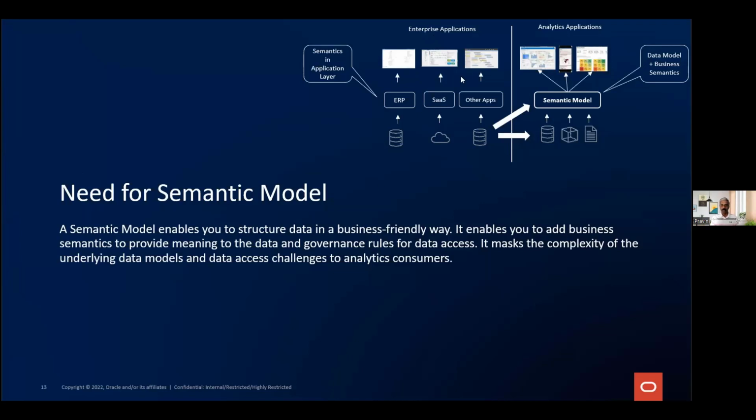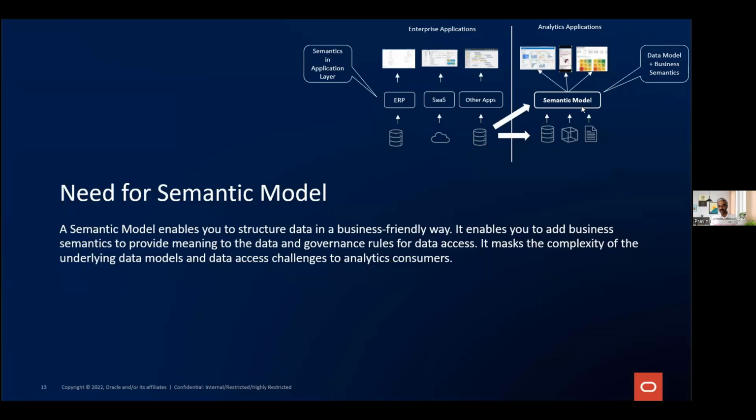So on the top left corner, if you see these enterprise applications, most of these semantics are at the application layer level, for each of these ERP or SaaS or any other applications. So when you move this data for analytic purposes for decision support systems, or you're creating a model that can go directly against those transactional data, the semantic model is where all your business logic, plus the data structures, go in place.